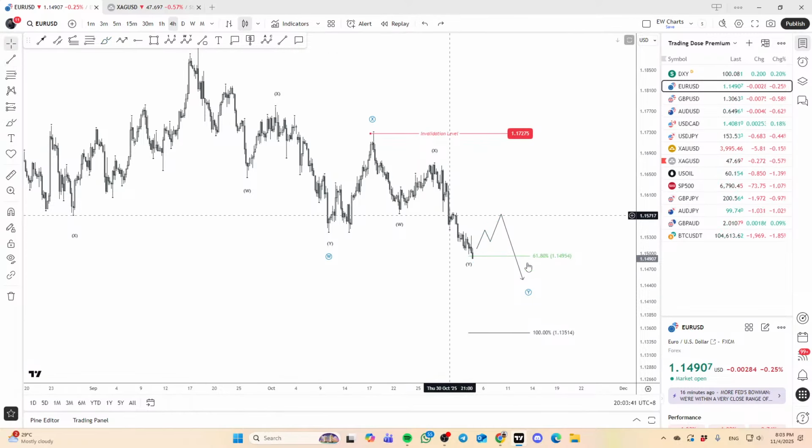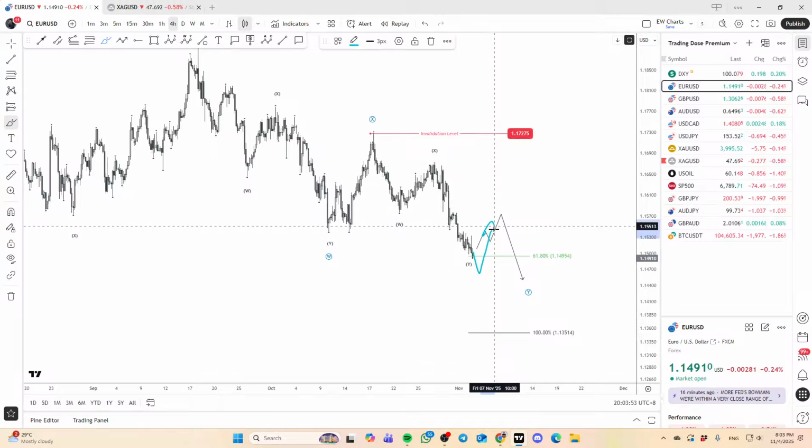We'll see. We'll need to give it a little bit of time. What would potentially be the case here is that NFP might be weak for the dollar, and if that's the case, we will likely see some sort of rejection on euro dollar back to the upside, and that will build in that pullback.